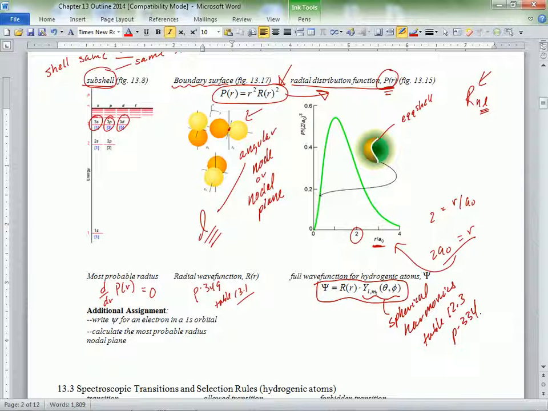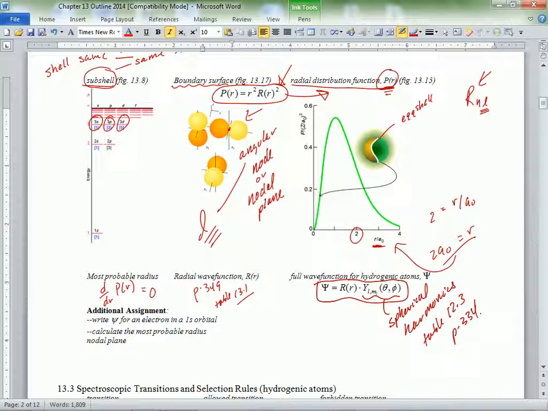It was this table where you picked an L and an M sub L, and you looked up the different Y. That had theta and phi in it. It's a lot easier to work in spherical polar coordinates with this stuff than x, y, z.